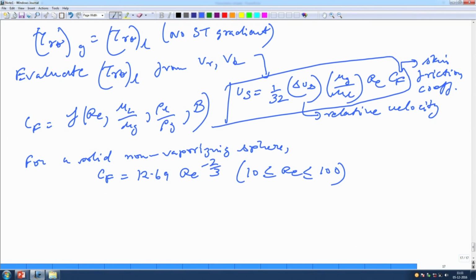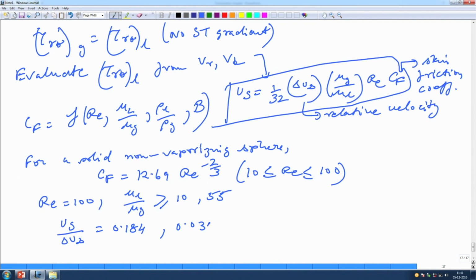So, for example, if your Reynolds number is 100 and mu L by mu g is, say, 10 or 55, this US by delta u infinity, that is the relative velocity, will be given as 0.184 and 0.0335 respectively. This is just to give you an example.